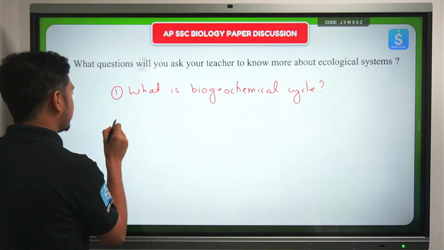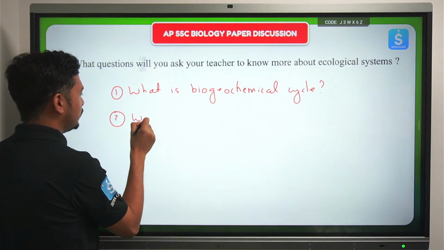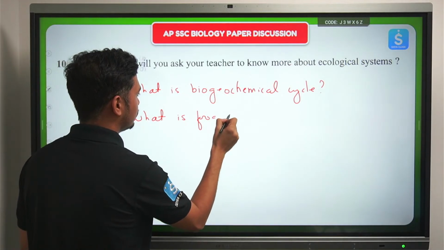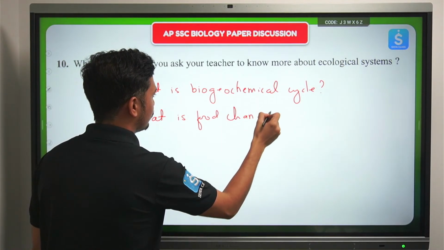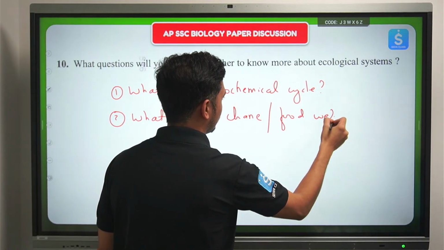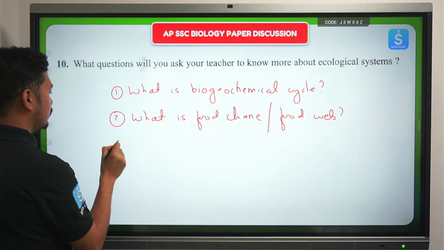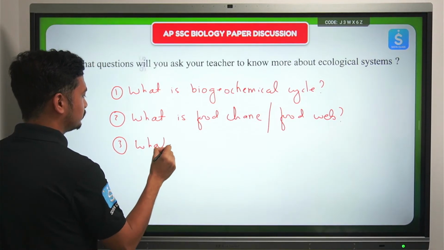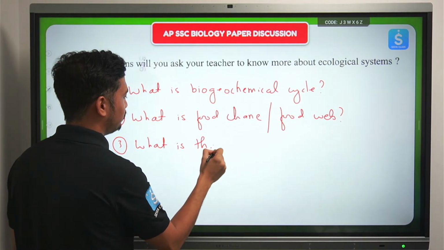There is no right or wrong answer in this question. Second thing is, what is a food chain, or you can say food web? Then we can also ask, what is the energy pyramid?